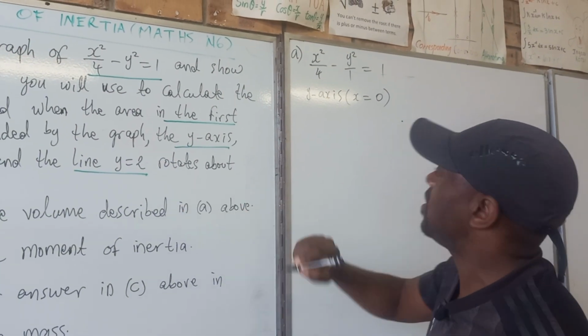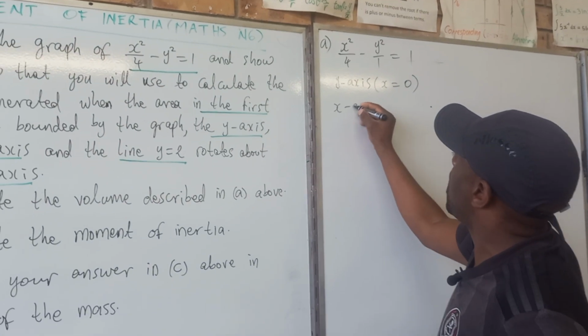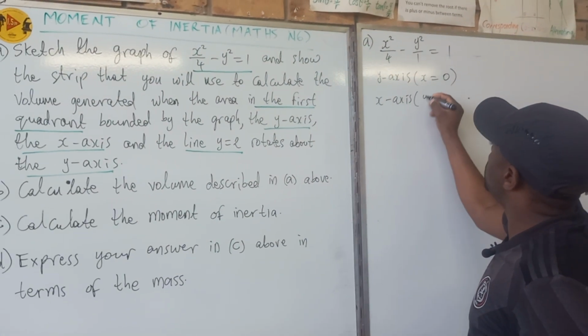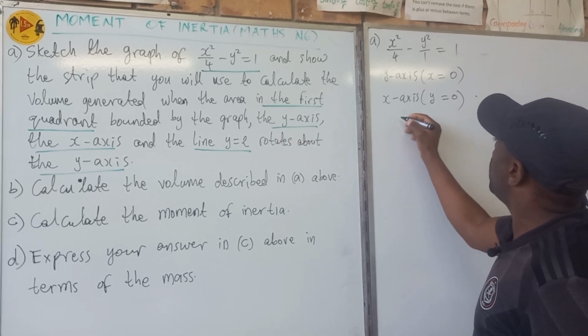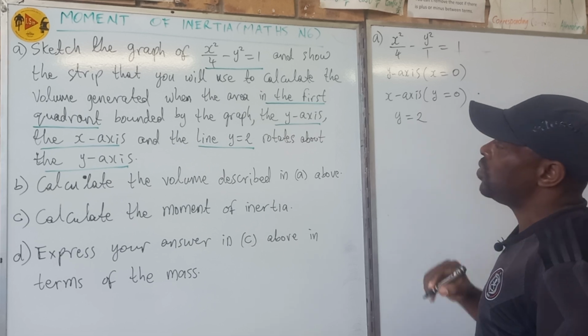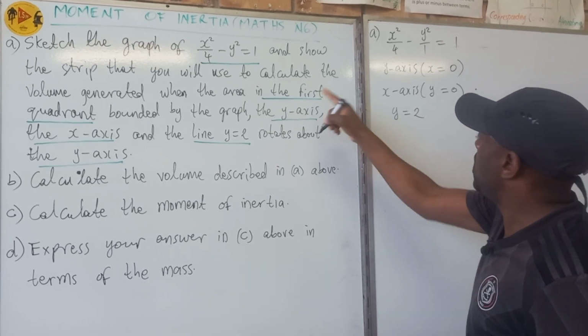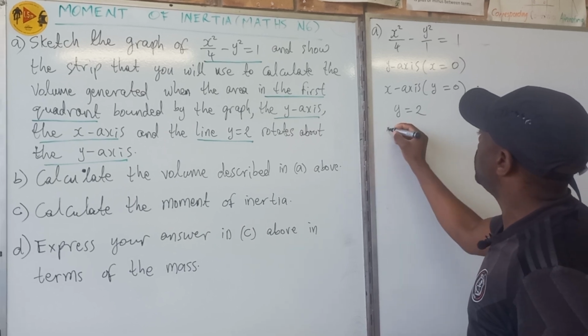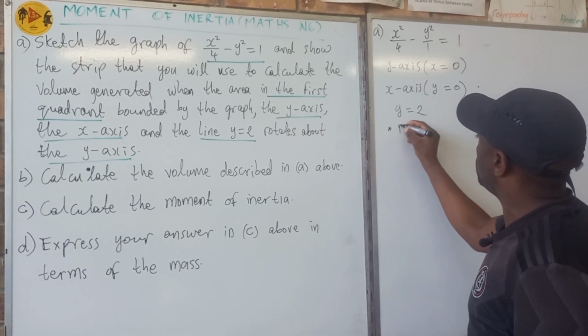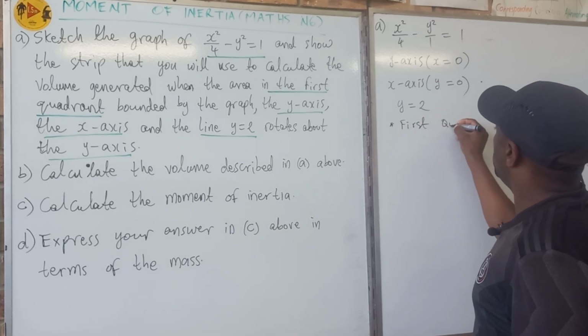Then there is the x-axis, which is also a graph whose equation is y equal to 0. Then there is the line y equal to 2. Then what other thing? We're told about the first quadrant. So we are interested in the area in the first quadrant.